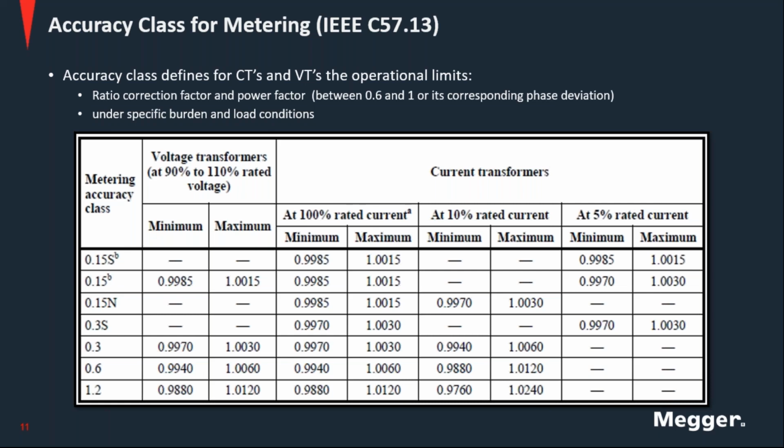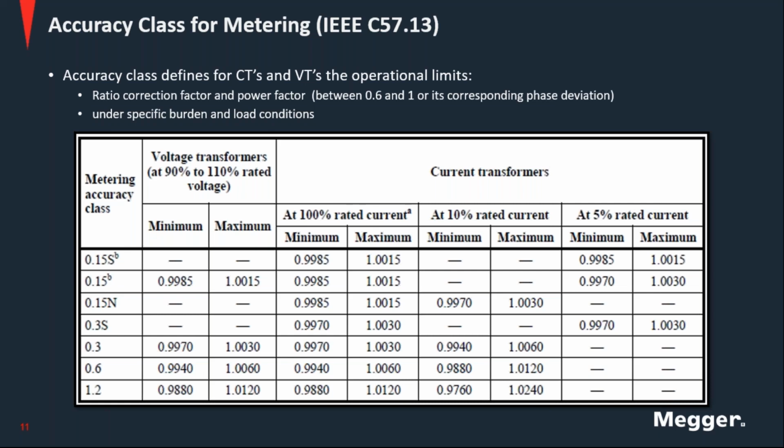Accuracy class is basically what defines the operational limits for CTs and VTs. It tells us the ratio correction factor and the power factor limits. Specifically, the power factor is defined to be between 0.6 and 1, or its corresponding phase deviation in degrees, and the ratio correction factor defines a minimum and a maximum.